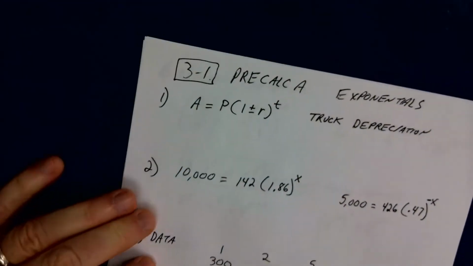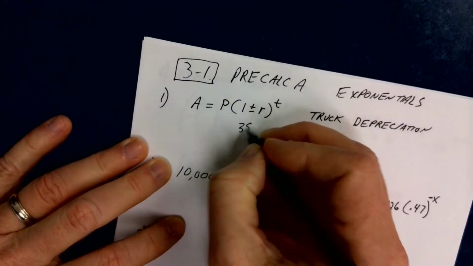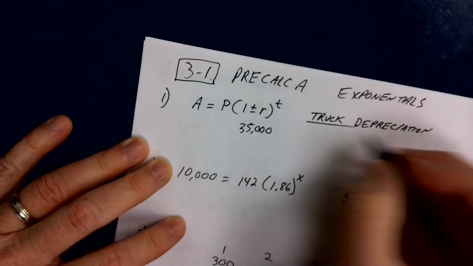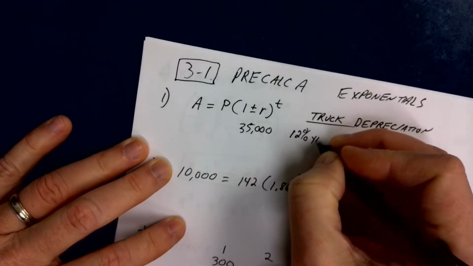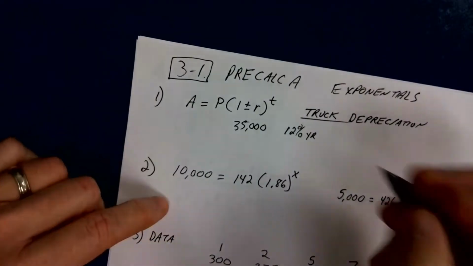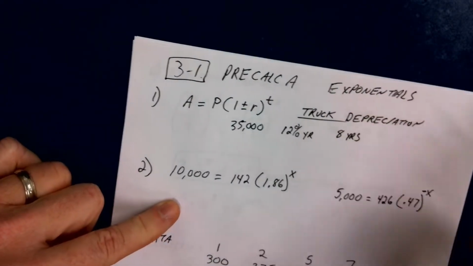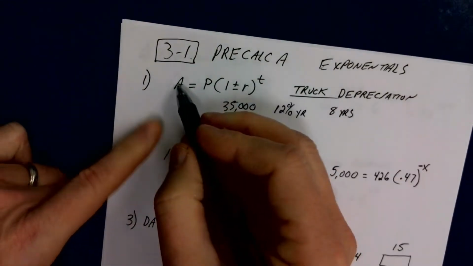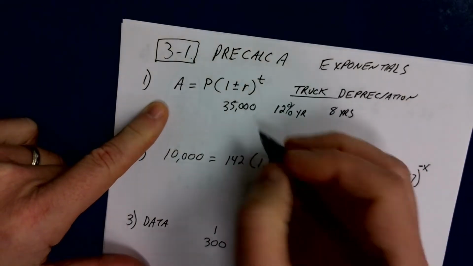Okay? So let's just say that I had this one problem. Maybe I've got a $35,000 truck, and it's depreciating at 12% every year, and I want to know what the value is in 8 years. Well, we can use this nice little formula right here. The ending amount, A, equals the starting amount, P, which in this case is 35,000.